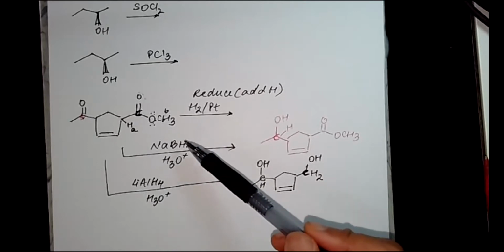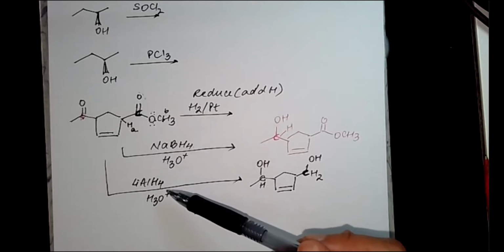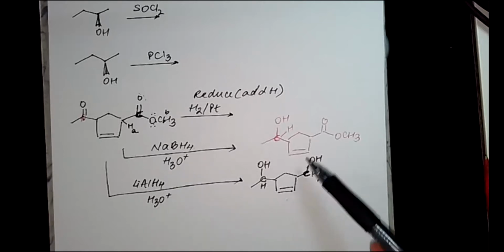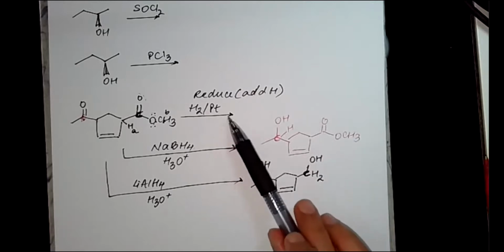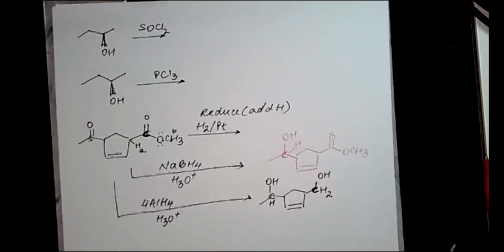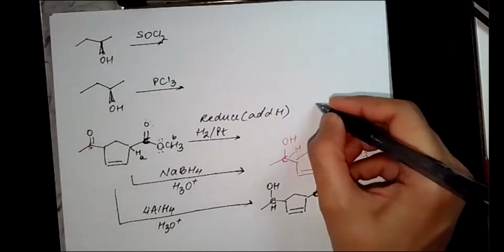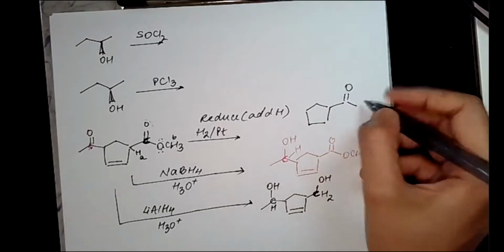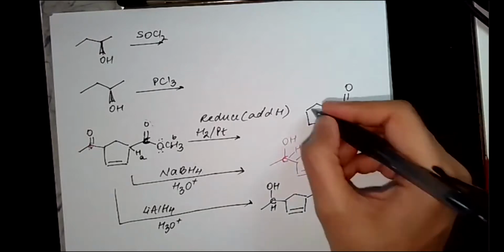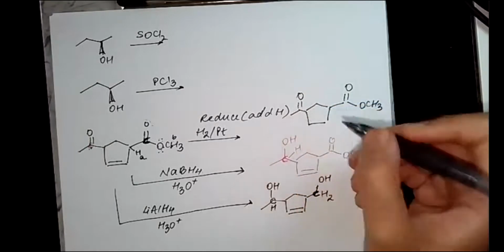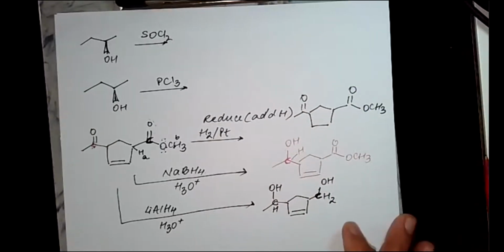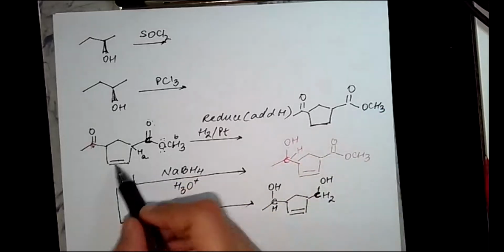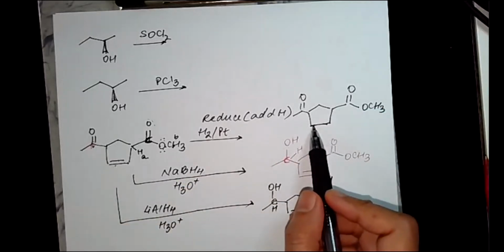So both your reducing agents, sodium borohydride and lithium aluminum hydride, will not do anything to your alkene. Who will do something to the alkene? Hydrogenation under strong conditions. The only problem with that is now your carbonyl groups will not be affected. This double bond, however, will be reduced.